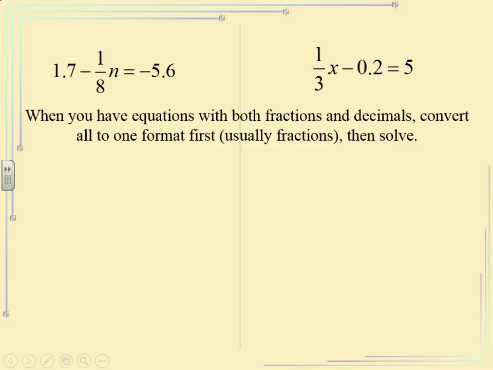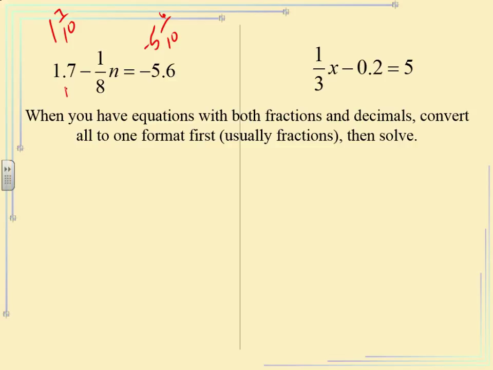And lastly, we'll finish up with equations that have both fractions and decimals in them. And when you see these types of problems, you need to pick a format to transform those into. So if I have decimals here, I might want to convert 1/8 to a decimal, or I could convert my decimals, 1 7/10 and -5 6/10, to improper fractions.